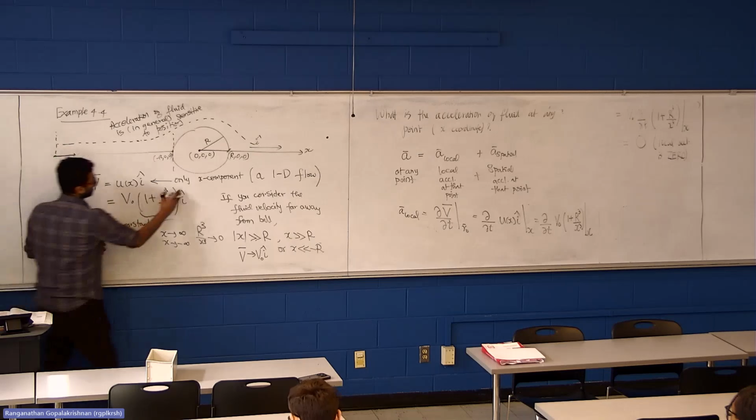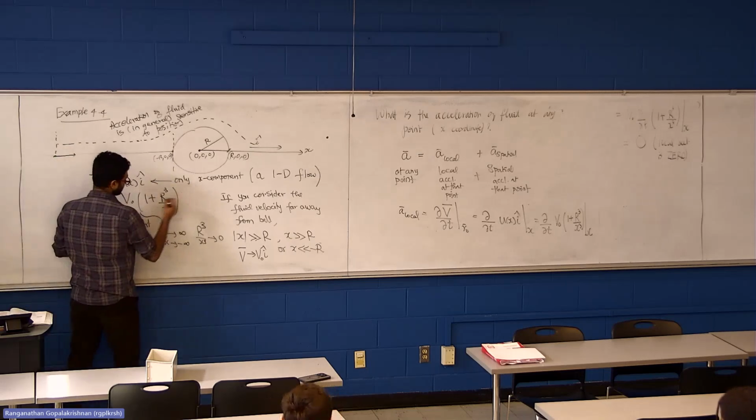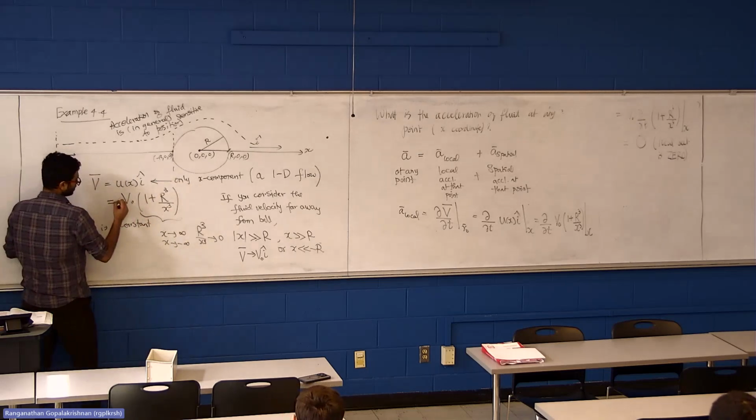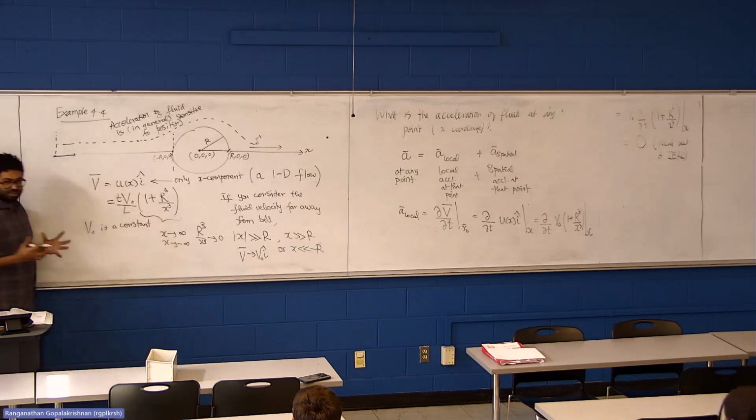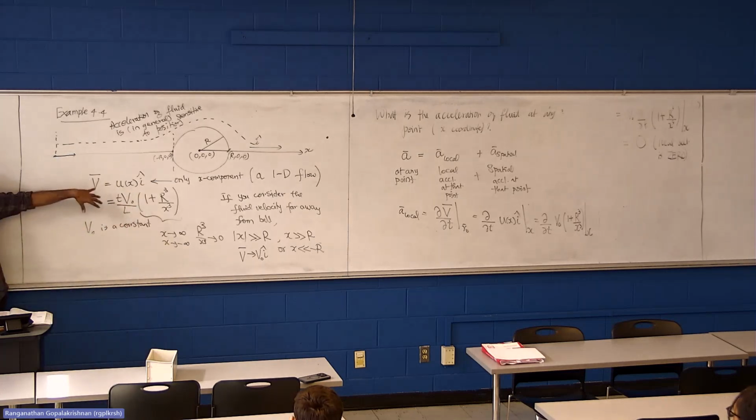Suppose I had a term that looks something like this, let's say I had v naught times time divided by L. Let's say I had a function which had a time dependence, then there would be a local acceleration.